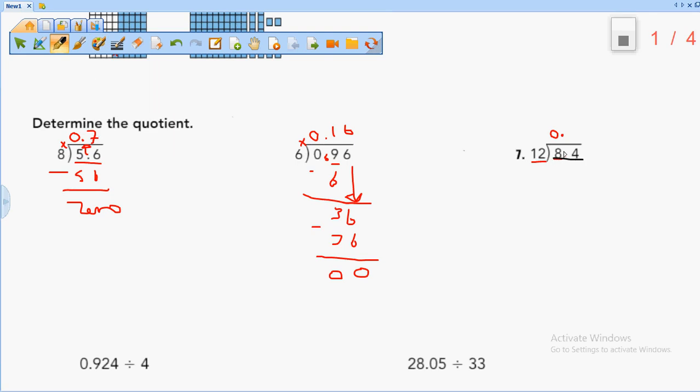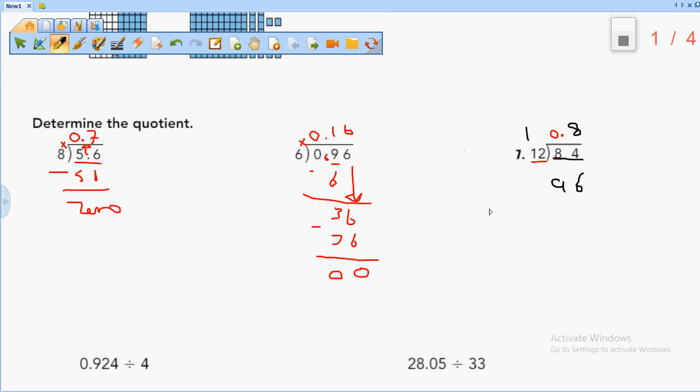Now 84 divided by 12, I have to hide 4 using my fingers and hide 2. 8 divided by 1. What's the number when I multiply it by 1? I will get 8. I want to check if I can use 8 or a number less than 8. 8 times 2 is 16. 8 times 1 is 8 plus 1, 9.